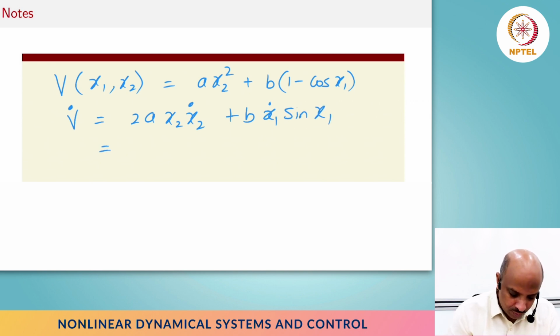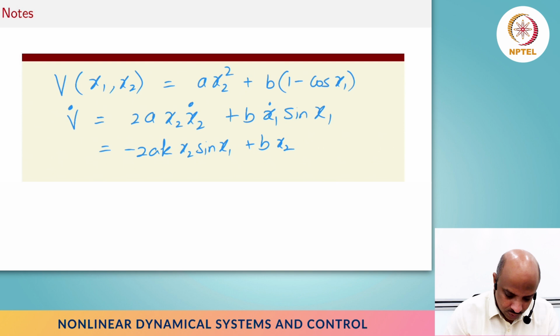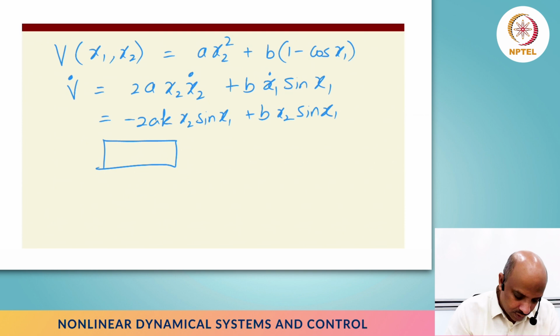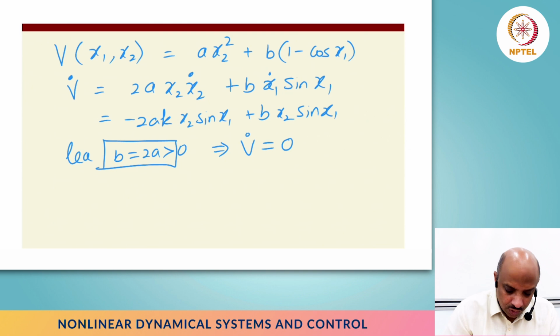So that's going to give me 2a times x2 times x2 dot, which is minus k sine of x1, plus b x2 sine of x1, since x1 dot is x2. So by letting b equal to a, some positive number, we will get V dot equal to 0. So this shows 0 is Lyapunov stable.